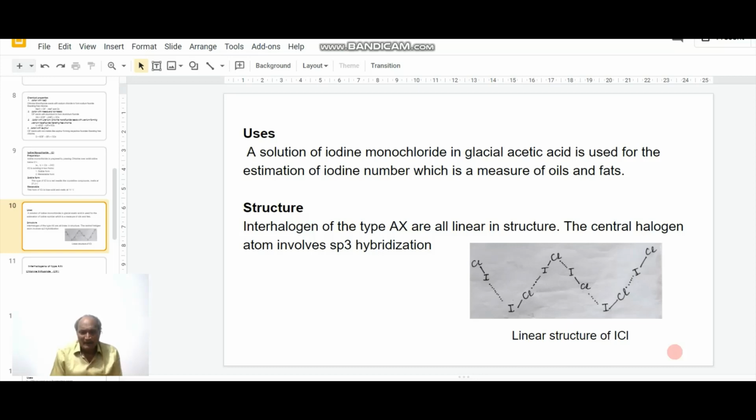Likewise, it forms a linear structure for the AX type of interhalogen compounds. The structure indicates the linear structure of ICl, or simply AX type of interhalogen compound, involving sp3 hybridization.